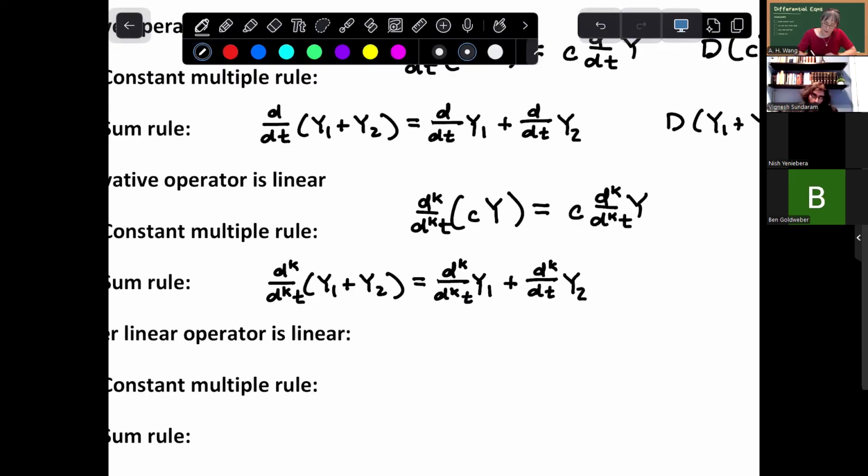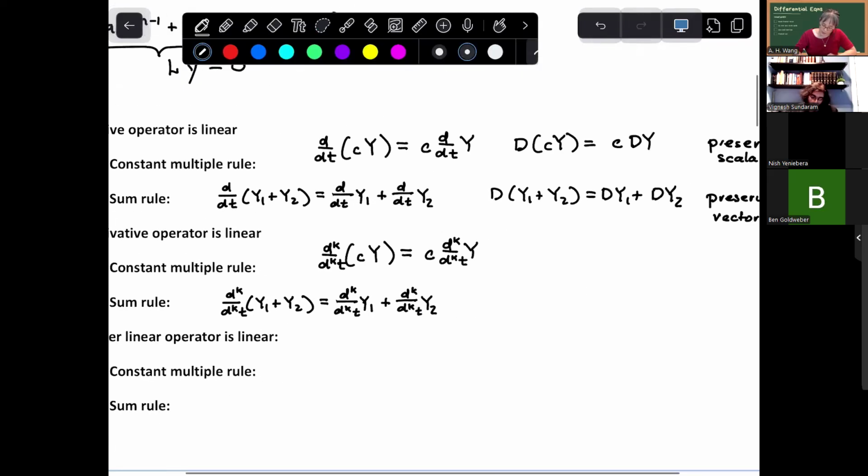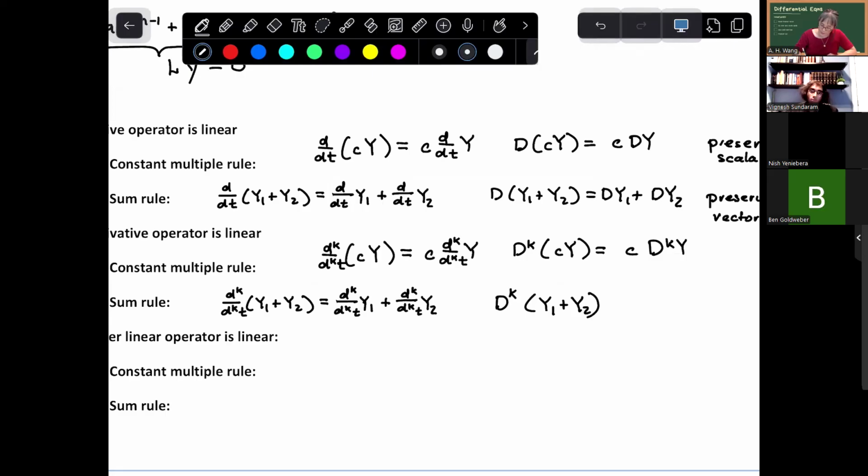Okay, so this is what this is. And of course, if you wrote it all out, you can write it this way. That means take the derivative k times after you had scaled it, or take the derivative first, k times, and then scale it. Here you would add the functions first and then take the derivative, or you can take the kth order derivative and then add it.